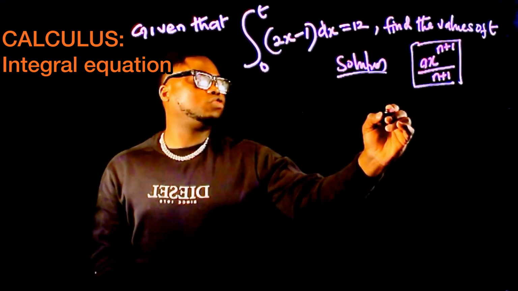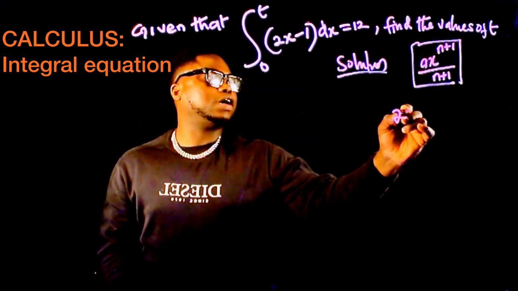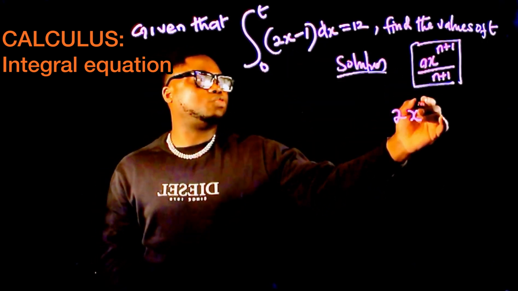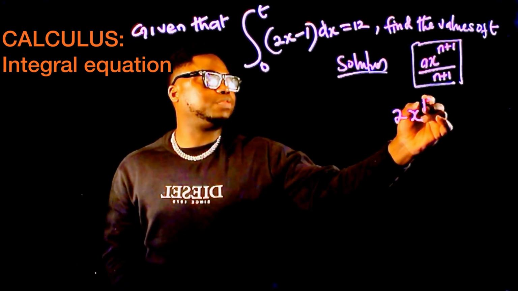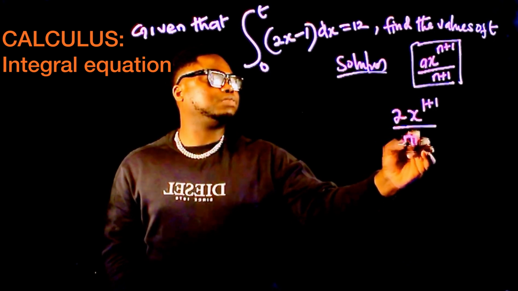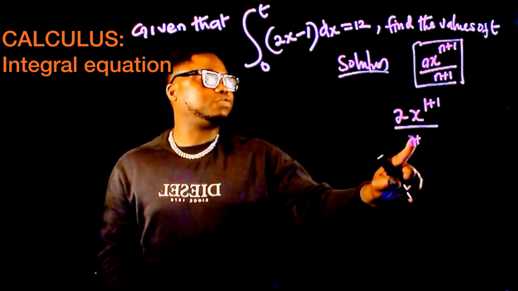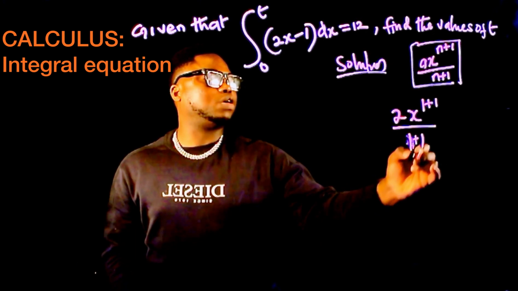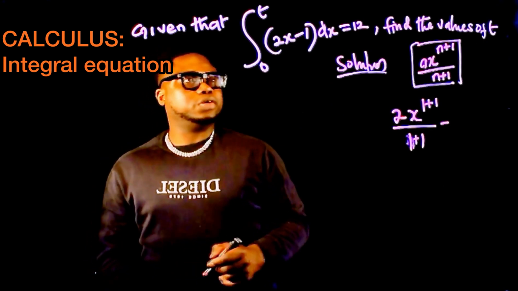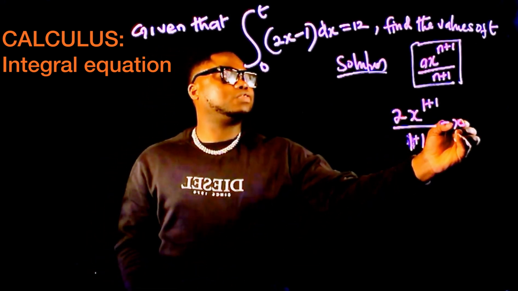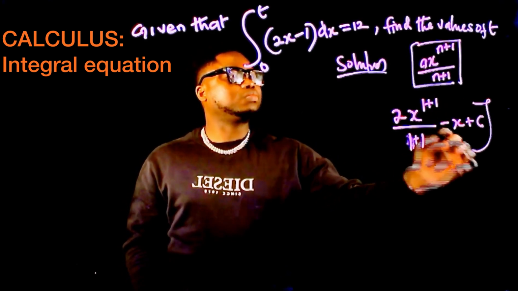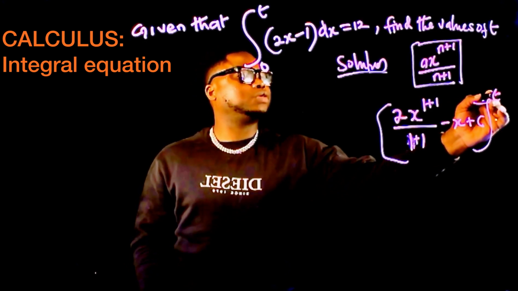So I'm going to have 2x raised to the power of n plus 1, which is 1 plus 1, divided by 1 plus 1, because n is 1, then minus, integrating 1, the constant there, is going to be x, plus integration constant, with t here and 0 here.